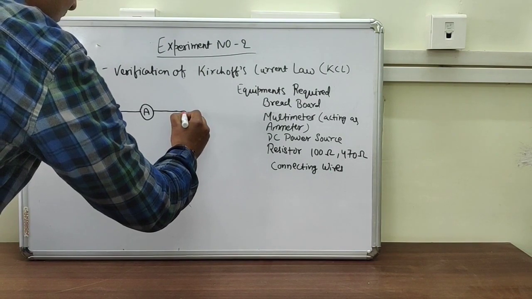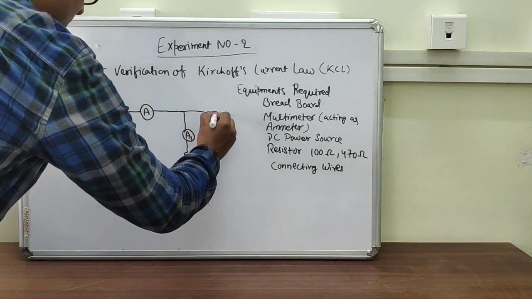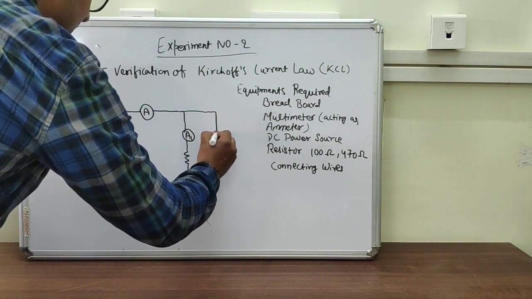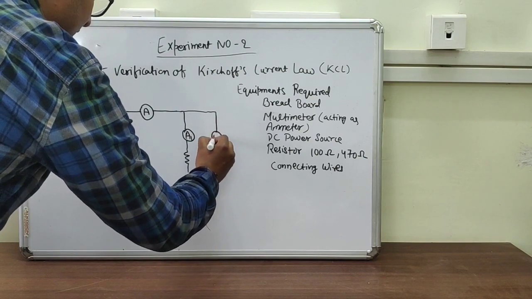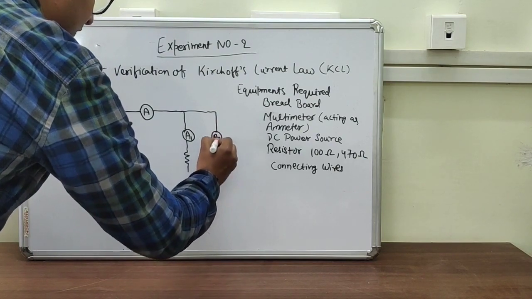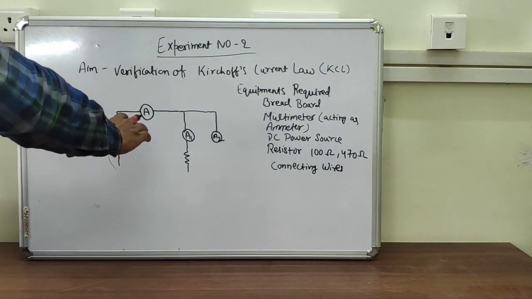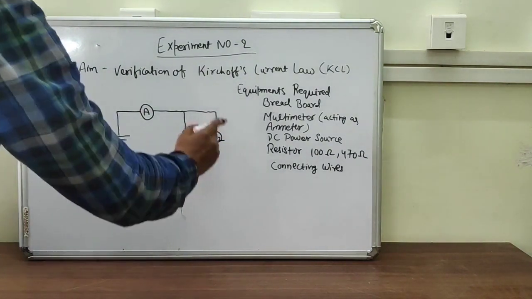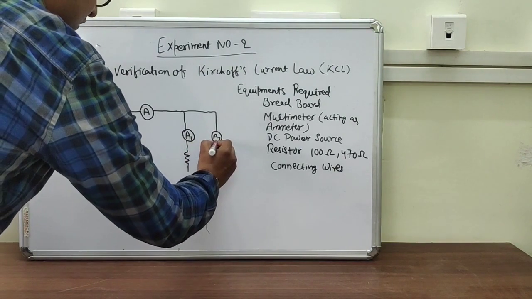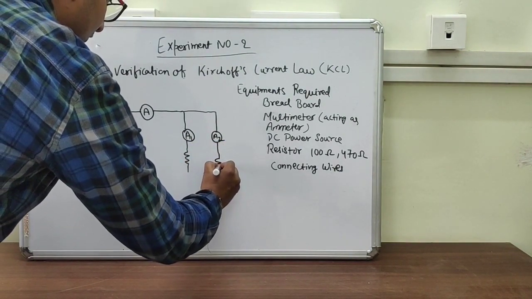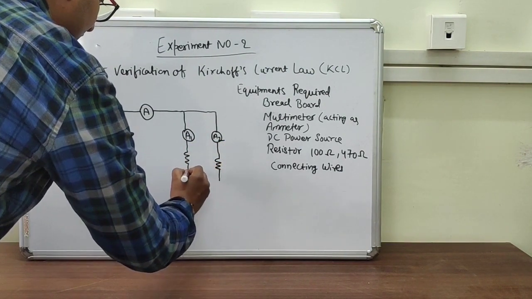Now I am going to use one more resistance here, and add another ammeter. We are going to term it as A2. This first ammeter is A, the second one is A1, the third one is A2, and I am going to use it with the other resistance also.